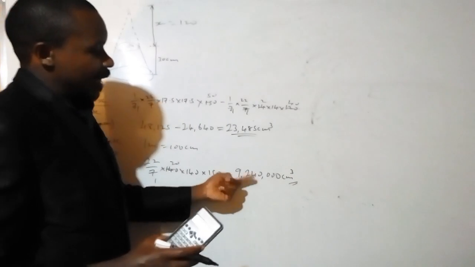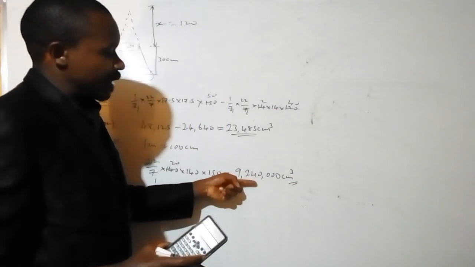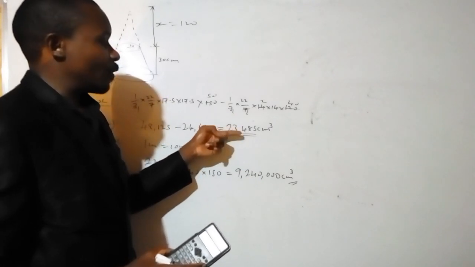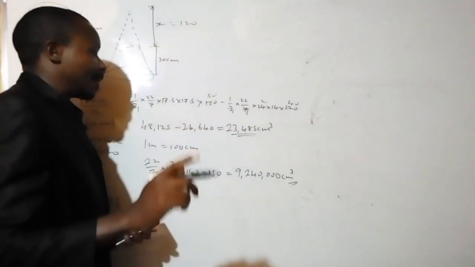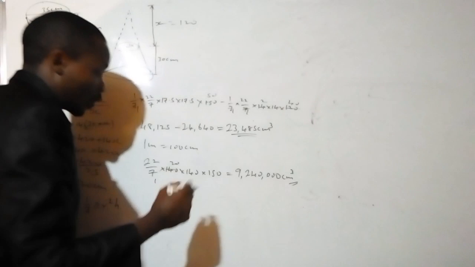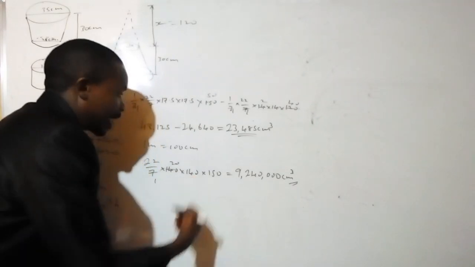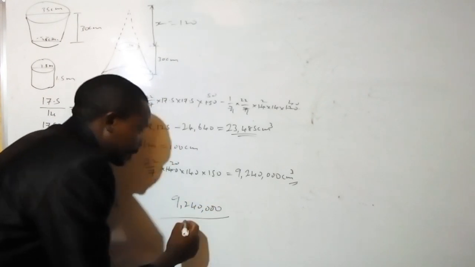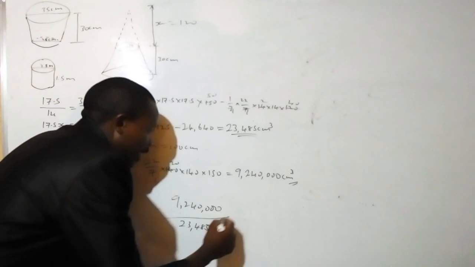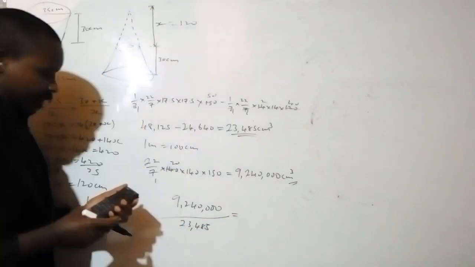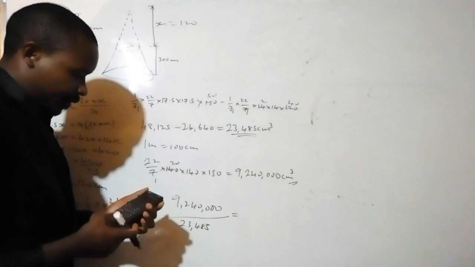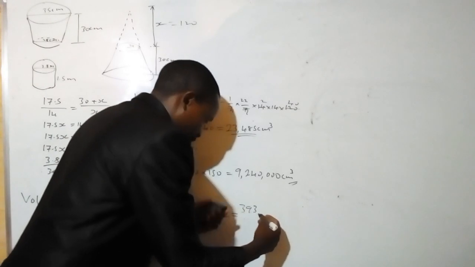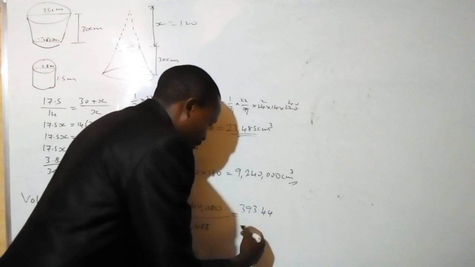The capacity of this tank will be filled by a bucket drawing water to a tune of 23,485 centimeters cubed per single draw. Then we want to know the number of buckets that can be used. 9,240,000, you divide by 23,485, and we are going to get 393.44, which is approximately 394.